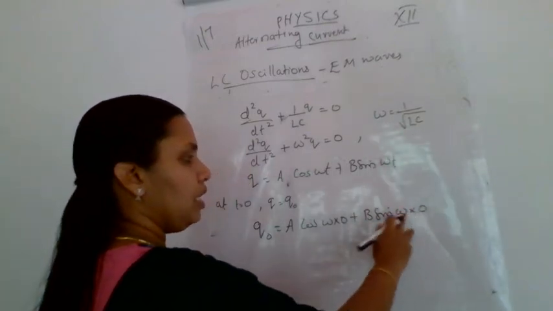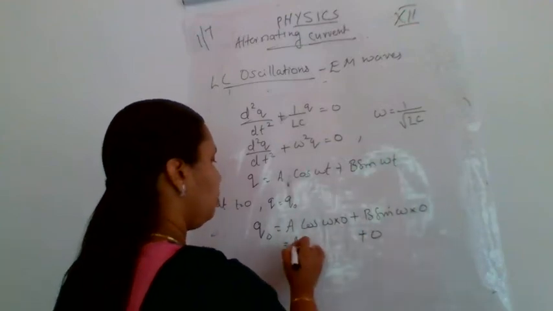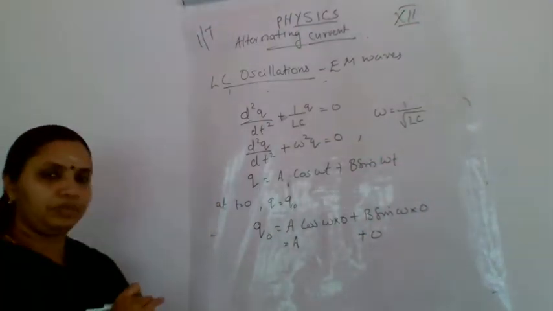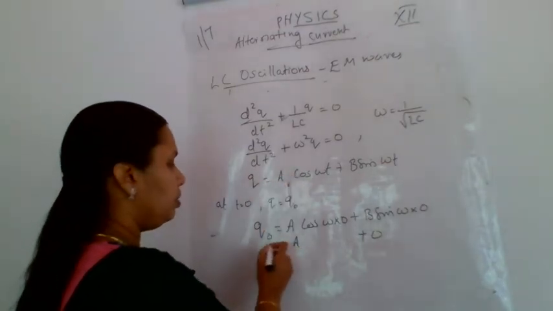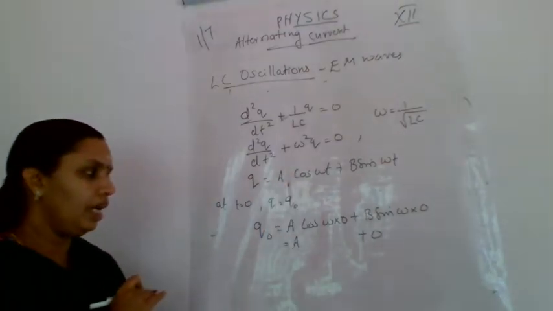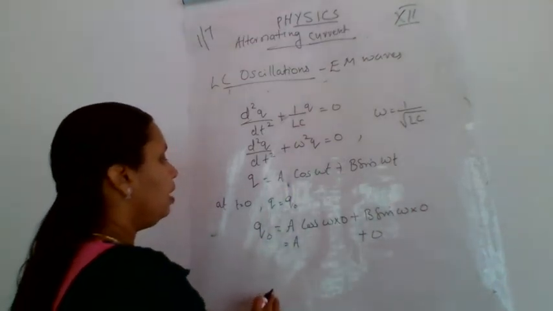So omega into 0 is 0, sin 0 is 0 and cos 0 is 1. So q0 is equal to a. Okay, so the first term, the maximum amplitude, q0 is equal to a, we will get. So that is the charge.